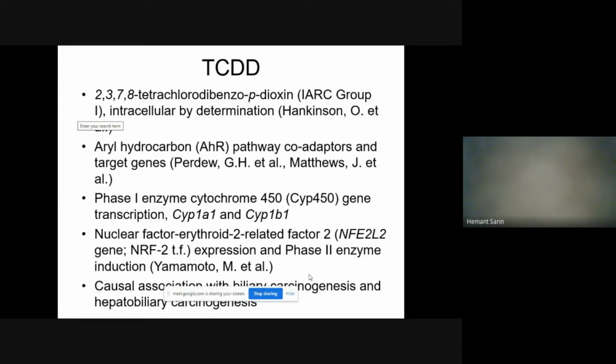And this has led to the identification of various enzymes and target genes, phase one enzymes that do the initial hydroxylation, and for the subsequent phase two detoxification by the activation of the NRF2 pathway and the ether-like pathway during de-repression by NRF1.